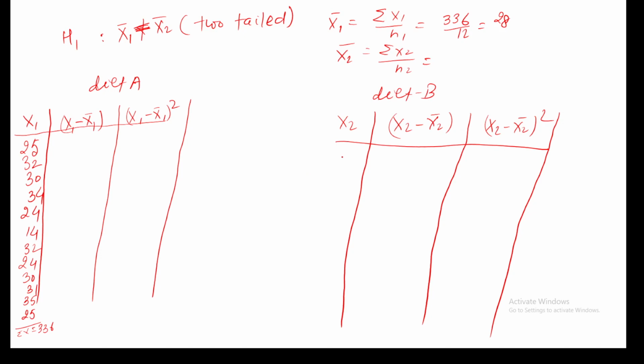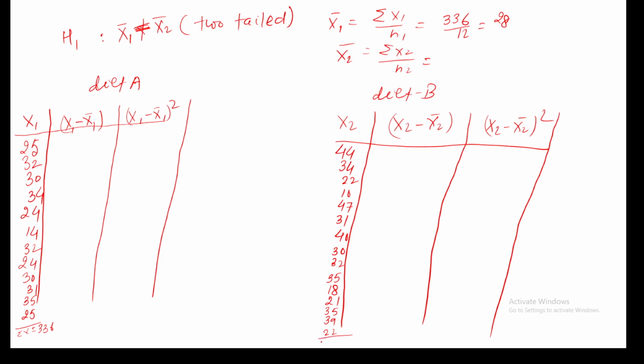28. And the second data set we have 44, 34, 22, 10, 47, 31, 40, 30, 32, 35, 18, 21, 35, 39, 22.